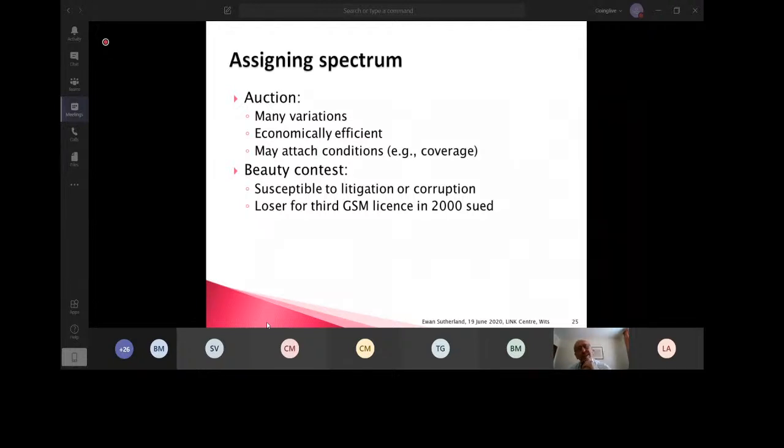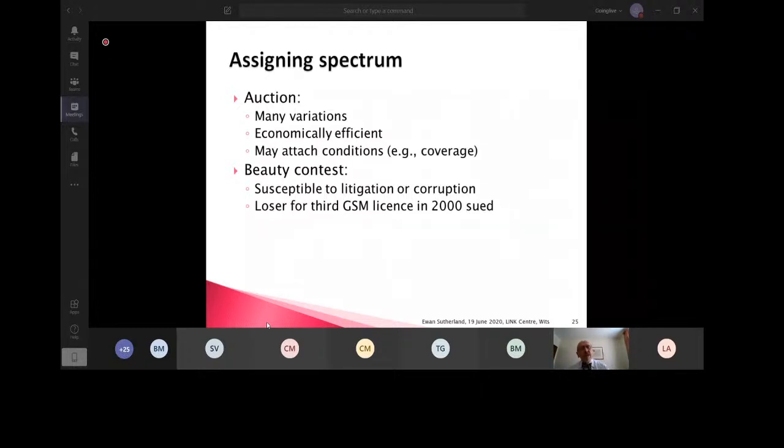And the reason some countries don't like beauty contests is because they are susceptible to litigation. In South Africa, the loser in 2000 brought a legal case, but that was fairly quickly settled out of court. It was the winning player, so they paid the money, and that was sorted.